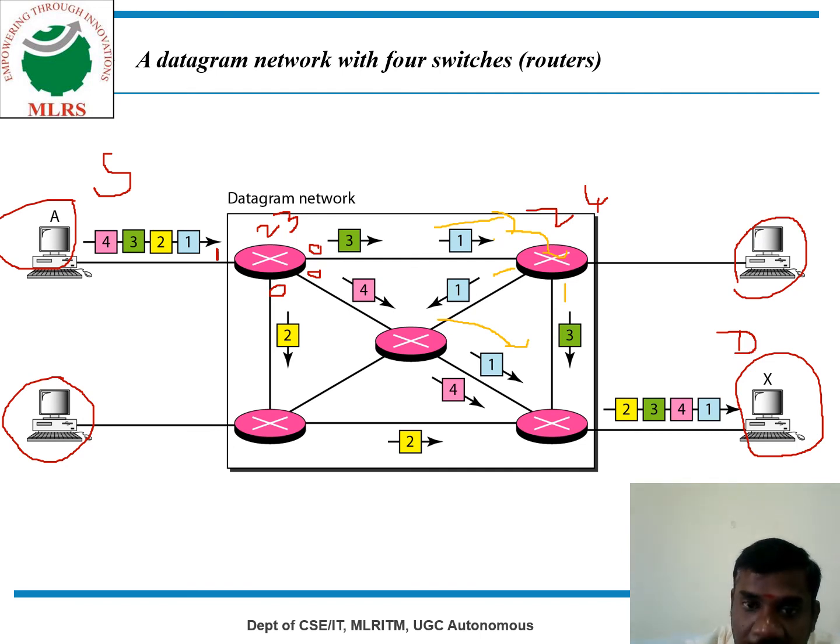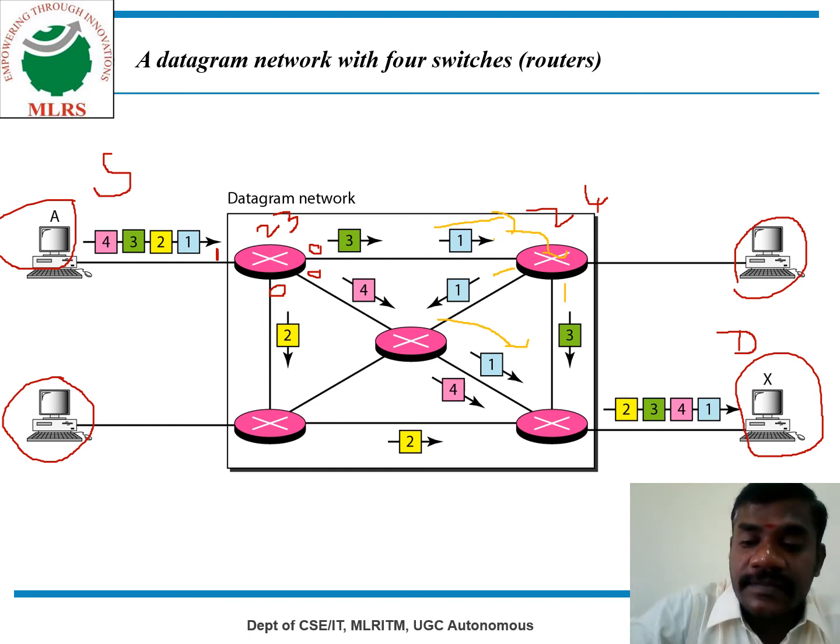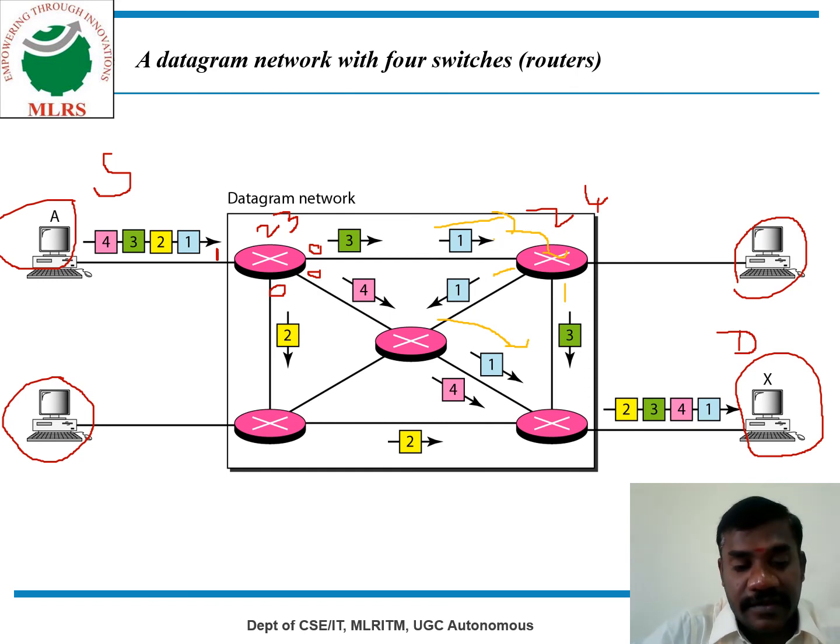Again, I am repeating. In the datagram approach, all the packets are traveling independently. That's the first one. If the packets are traveling independently, there is a chance of increasing the traffic in the switches. Traffic is nothing but congestion, which occurs here.